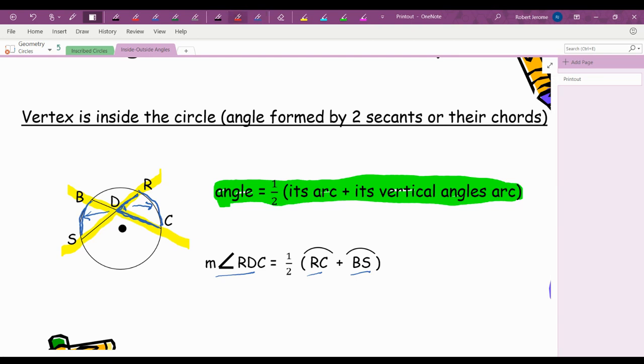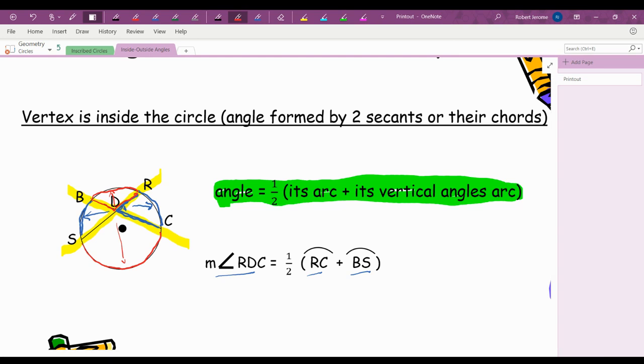If we wanted to look in the other direction, we can say angle BDR would be the average of BR and SC. Okay, so again, we're defining those relationships.